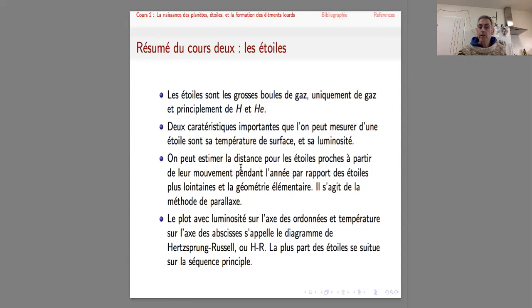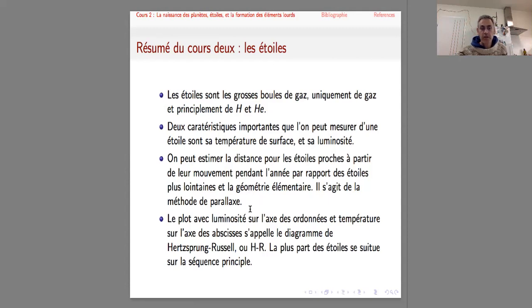To calculate the distance to a star, at least for the stars that are close to us, we use a method called the parallax, in which we see the star appearing to move with respect to the much more distant stars during the 6-month period in which the Earth has moved around the sun.